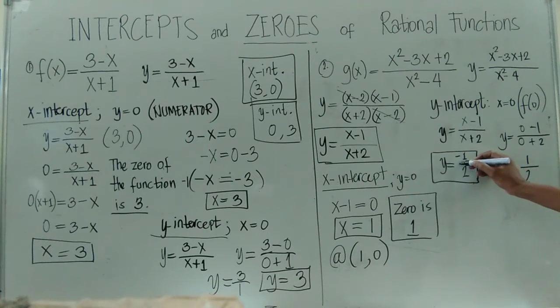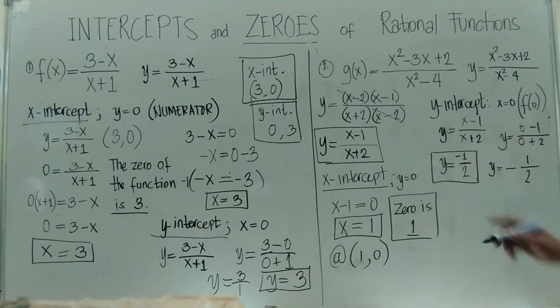It is also accepted to write your negative or minus sign on the numerator. So your y-intercept is at point x is 0, y is negative 1/2.